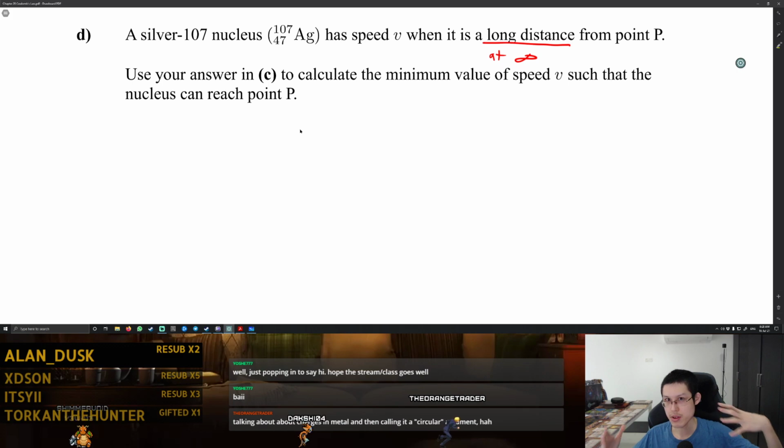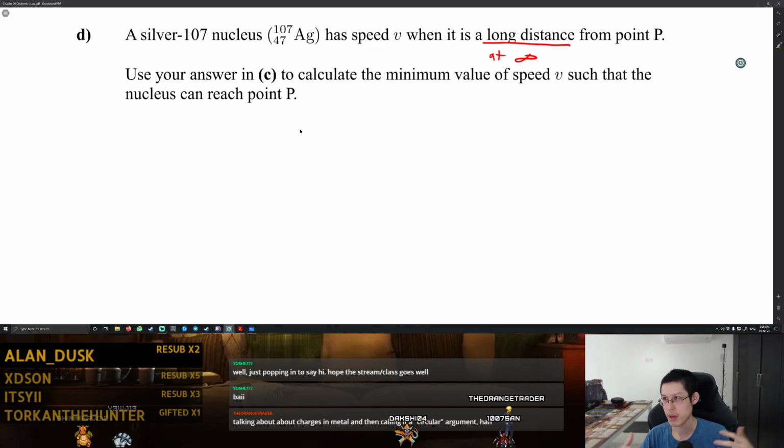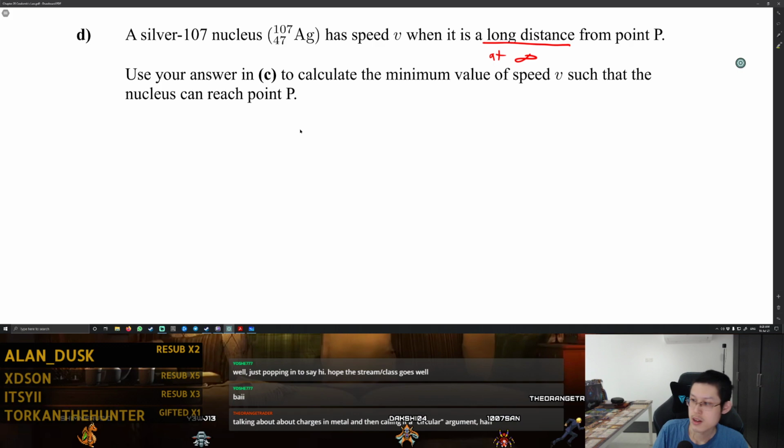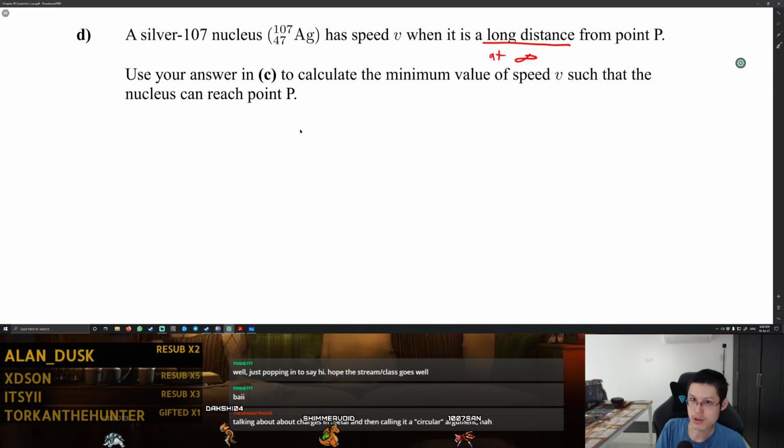So if your acceleration changes all the time, you have to use the conservation of energy method, basically the master equation. You can't use kinematics. So what you want to do is you use the master equation, but there's no air resistance, you can ignore that. There's no external force, so you ignore that.